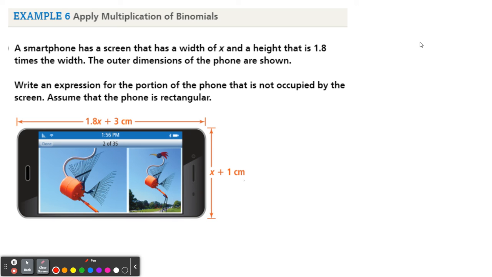So we have the screen that has a width of x and a height that is 1.8 times the width. Well, if the width of the screen is x, and the height is 1.8 times the width, that's just going to be 1.8x.